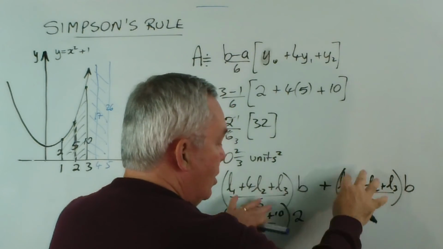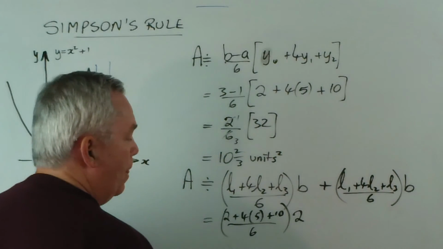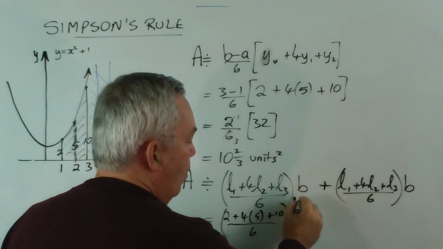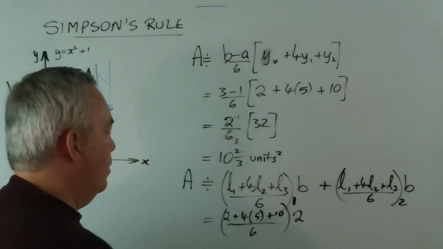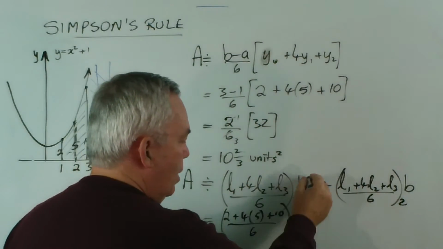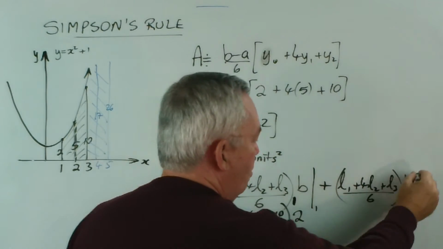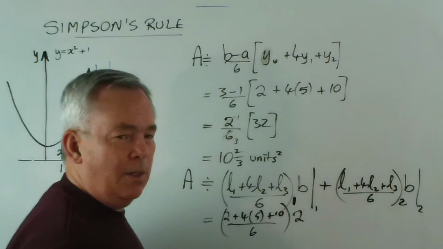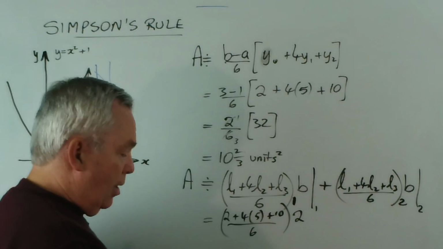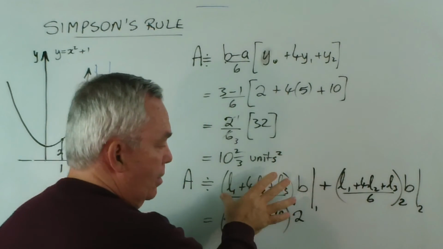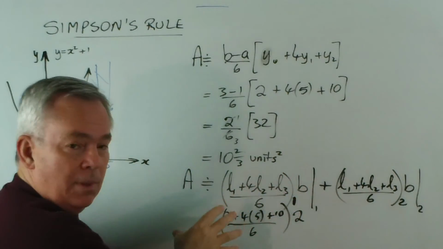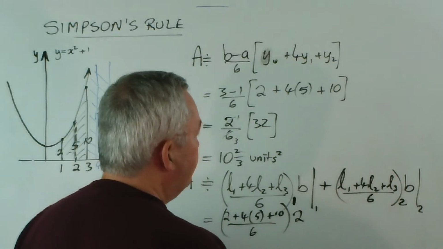Now, to distinguish between the two, we could call this number 1 and this number 2. Or another way of writing it would be to put a bar down here with the 1 and a bar down here with the 2. That's another notation that could be used. It's just a way of saying that this is a different set of conditions or different numbers from these ones.